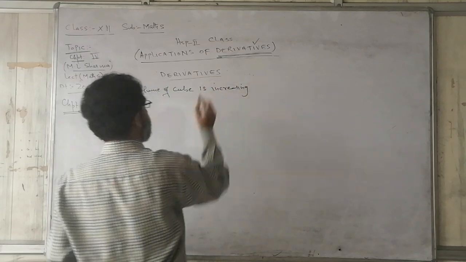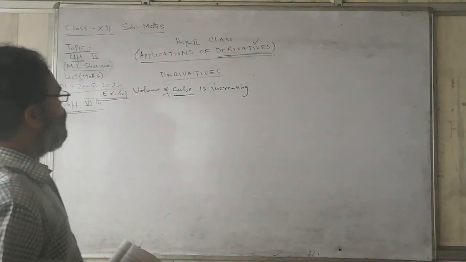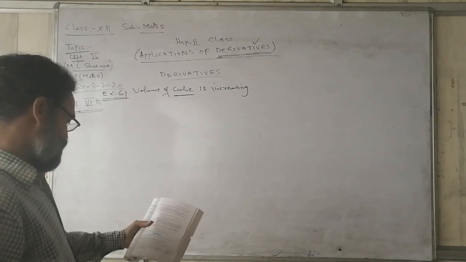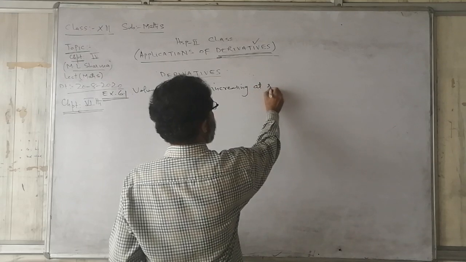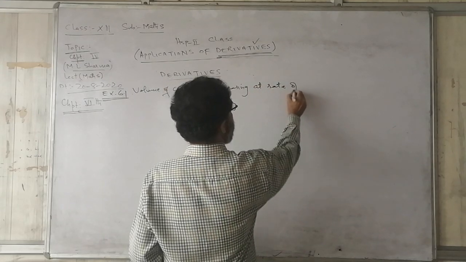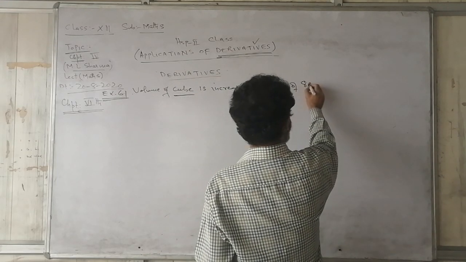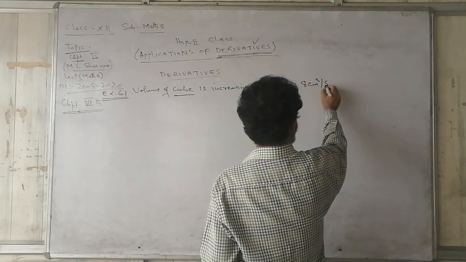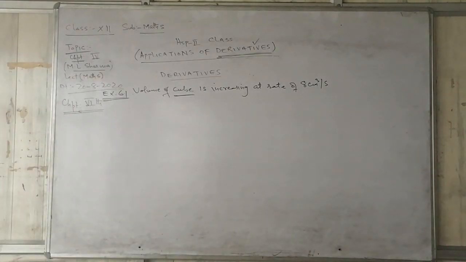Now in this case we have a cube and its volume is increasing at the rate of 8 centimeter cube per second. So this is the rate at which volume of cube is increasing.